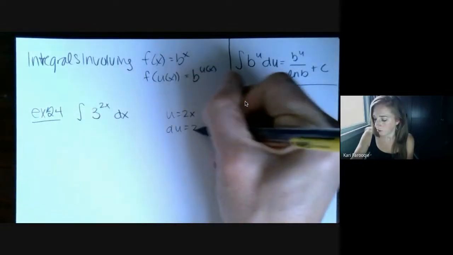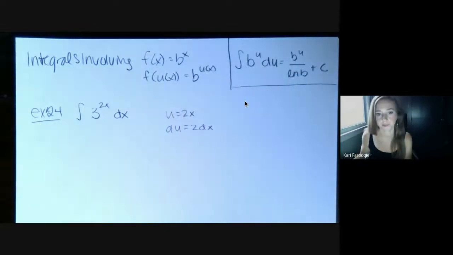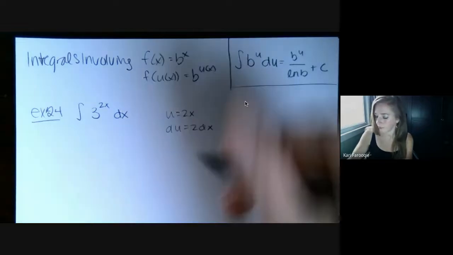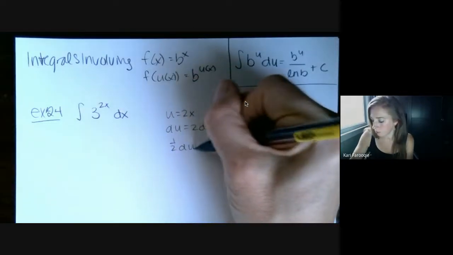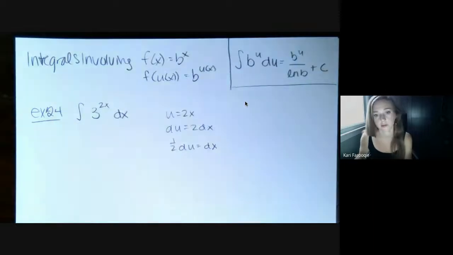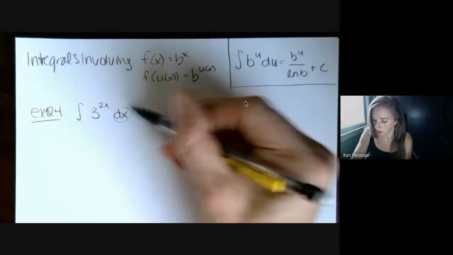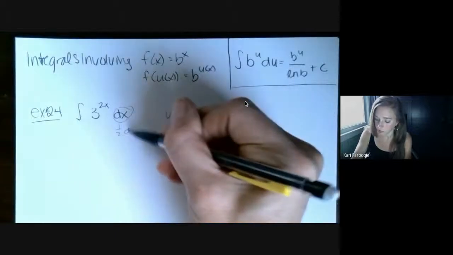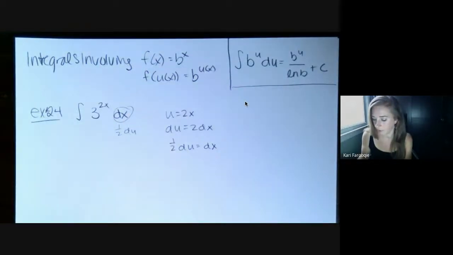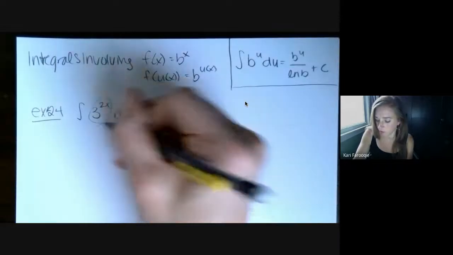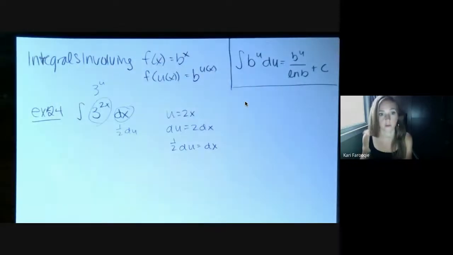Then du is 2dx, so 1/2 du is dx. This is really pretty much just applying a formula, so it's not supposed to be super tricky, like I said. So the dx is going to be the 1/2 du, and then we just have 3 to the u.